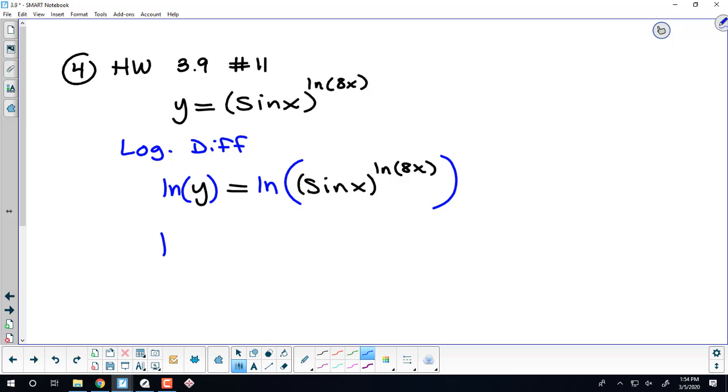So ln of y then is equal to what? Natural log of 8x is our power that comes out front to multiply. So we have natural log 8x times the natural log now of sine x.